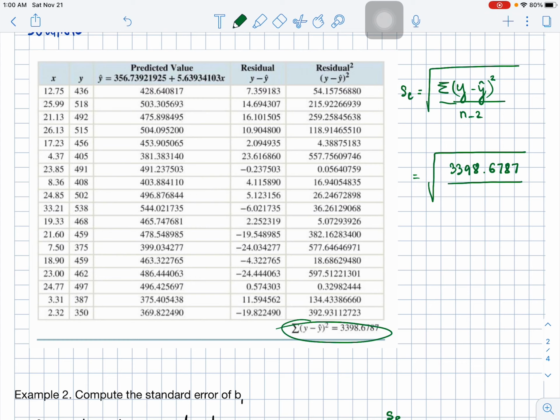You just divide by n minus 2. We have 18 pairs, 18 products, so 18 minus 2 is 16. You divide that number by 16 and then take the square root. So the answer is 14.57457.